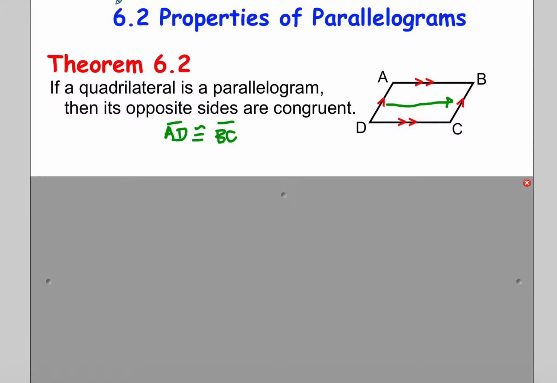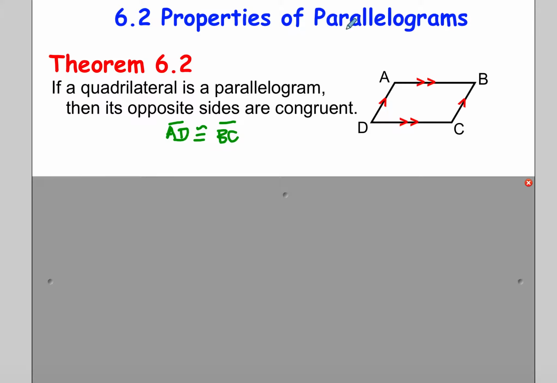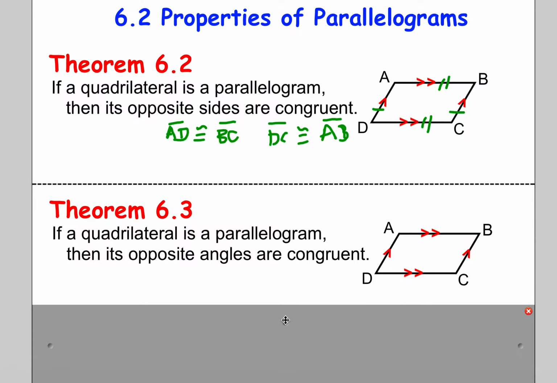That's one pair of opposite sides, and DC is congruent to AB. So if it's a parallelogram, it's not only parallel, but it's also congruent. I'm going to add my tick marks. The sides are not just parallel, they're also congruent. All right, moving right along.